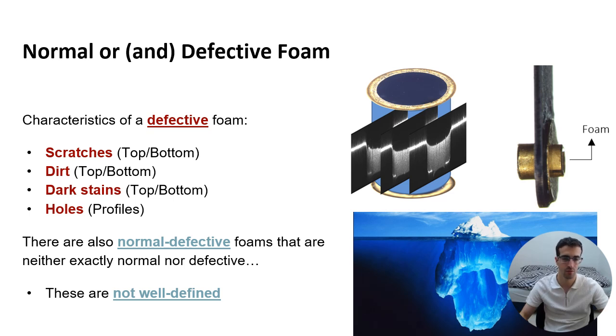Otherwise, this will be similar to observing only the top of the iceberg. So we have to look all around it in order to decide whether the foam is defective, normal, or even normal defective. Those are foams that are neither exactly normal nor defective and are not well defined.